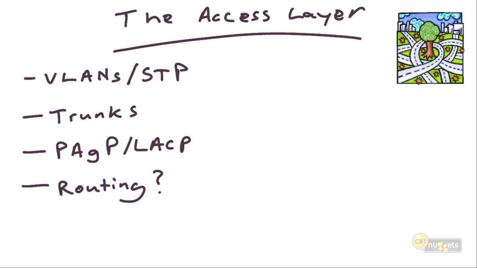Now, when it comes to designing for the access layer, you want to give a lot of consideration to exactly how you're going to implement your VLANs. The most common approach today is to go ahead and implement them on a local VLAN approach. So you'd have like first floor west VLAN, first floor east VLAN.